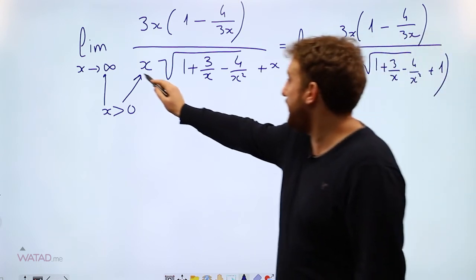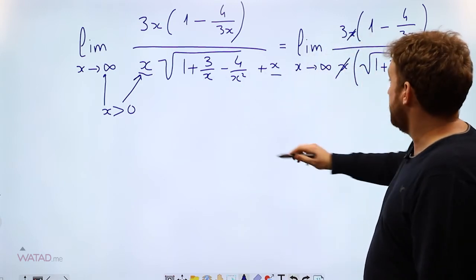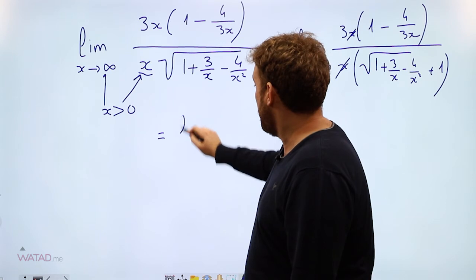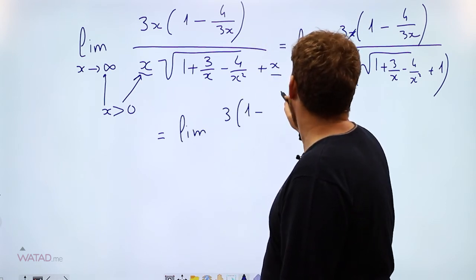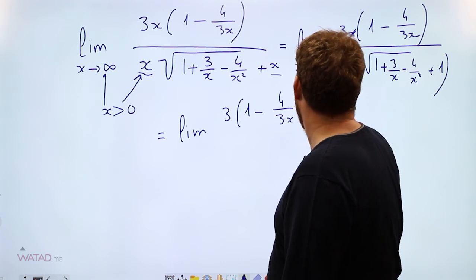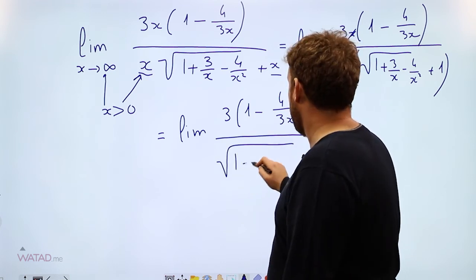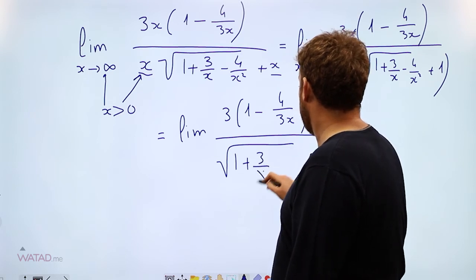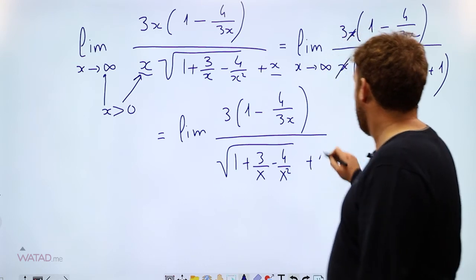So here we factored out this x. Now we can simplify those x's. So we will have the limit of 3 into 1 minus 4 over 3x over the radical of 1 plus 3 over x minus 4 over x squared plus 1.